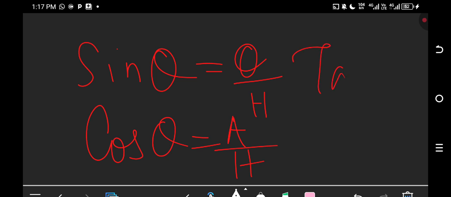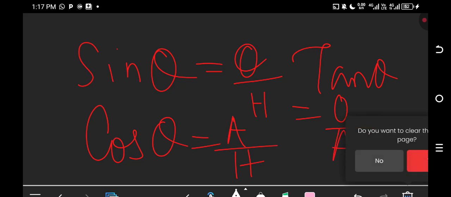We also have the tan theta given by the opposite over adjacent. We can use a mnemonic to memorize this, the common one which is known as SOHCAHTOA.